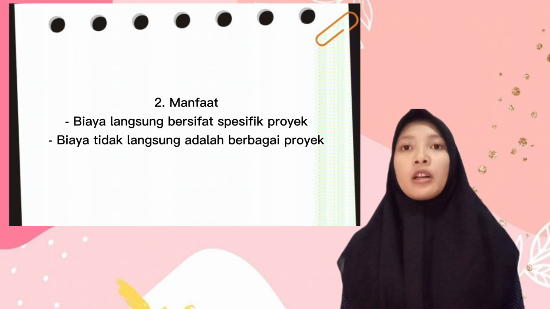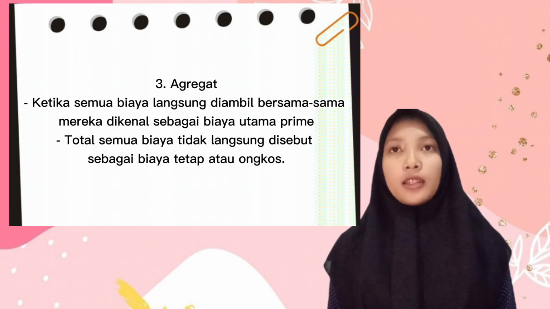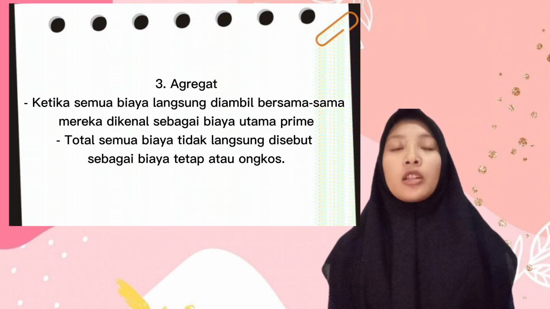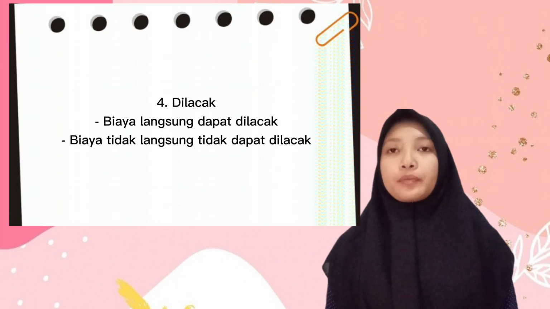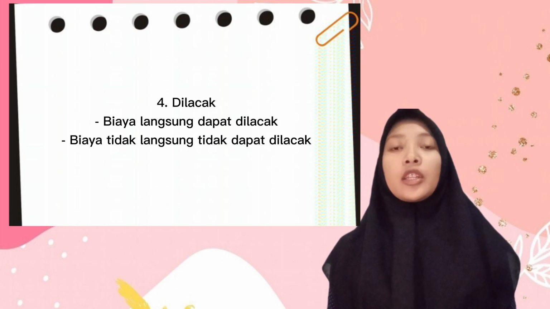Indirect costs are for various projects. 3. Aggregate. When all direct costs are taken together, they are known as prime costs. The total of all indirect costs is referred to as fixed costs or on costs. 4. Tracked. Direct costs can be tracked. Indirect costs cannot be tracked.